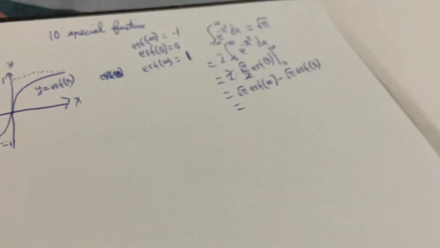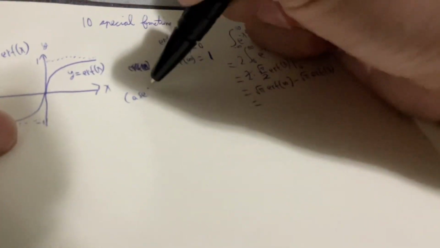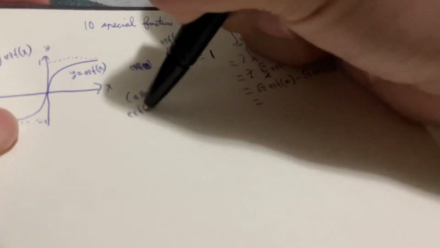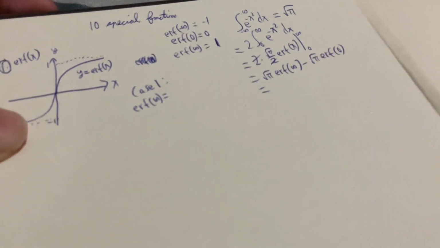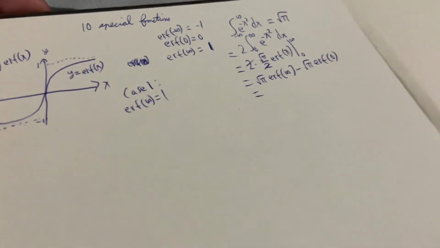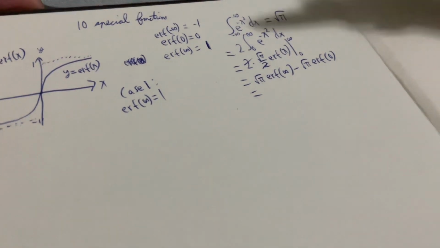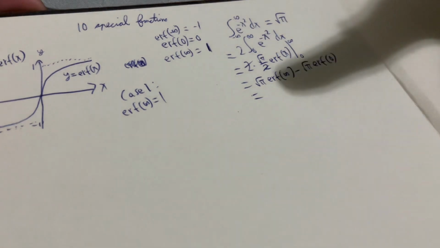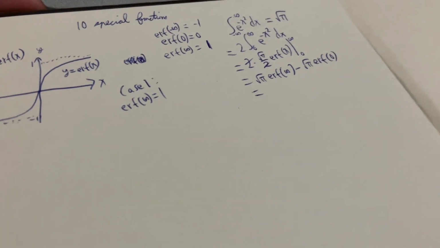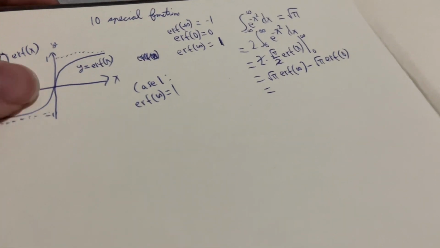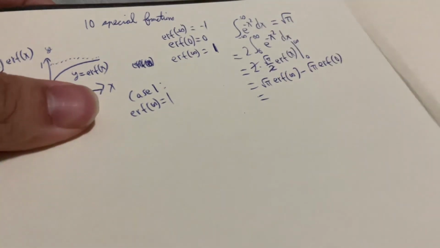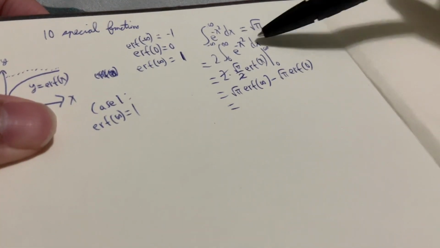If we don't know the graph of erf(x), case 1, erf(infinity) has got to be equal to 1, right? Because we assume that we don't know the graph of erf, and the definition of erf of something is equal to 1. Why? Because you see, this answer is equal to square root of pi.